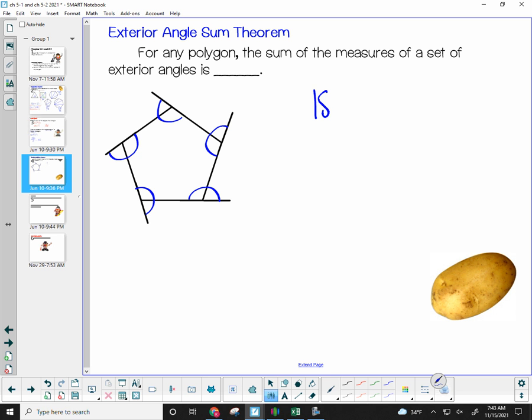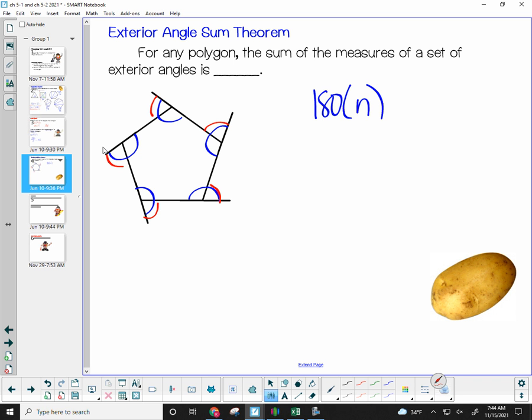All right, so let's think about that linear pair. I have 180 times n. That's my linear pair. But what I'm really interested in is just my exterior angles, right? I want to know just the sum of my exterior angles. So I need to be able to take away my interior angles. Does that make sense?